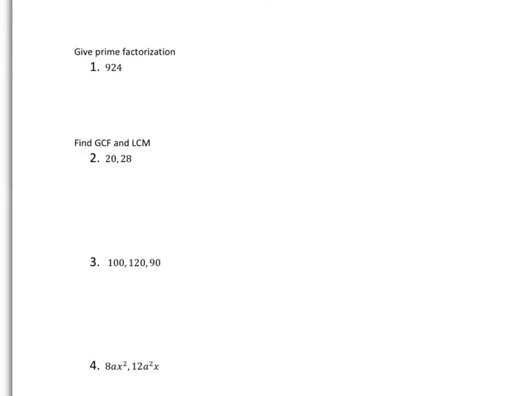So we got to get the prime factorization of 924. We got to start breaking that down as much as we can. Now everybody knows that 924 divided by 11 is 84. Okay. So you can keep breaking down from there. The 11 is a prime number, so you're going to keep breaking down this 84.